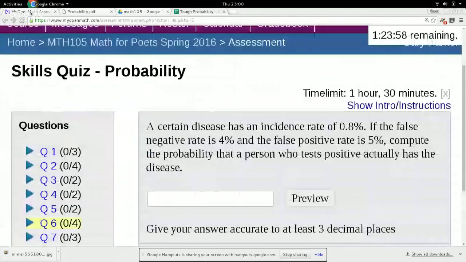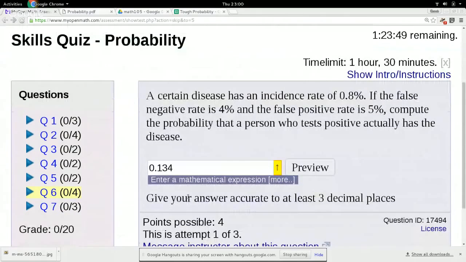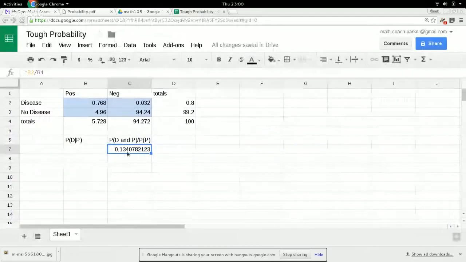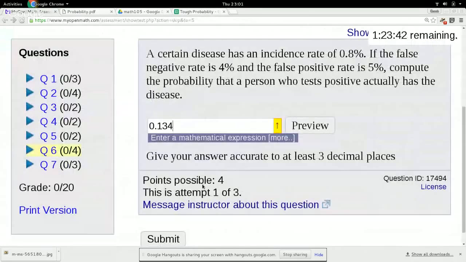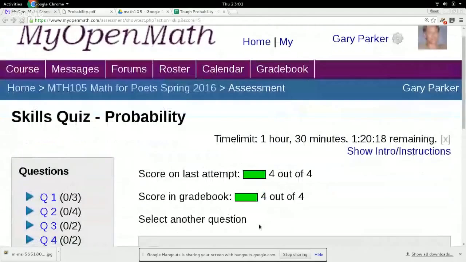I should be able to come back here and type in 0.134. That's at least 3. I could type more if I want. Let's see if I were going to do one more. 0.1341, rounding up there. Then submit, I should get a happy bean checkbox. Yay! I got it right.